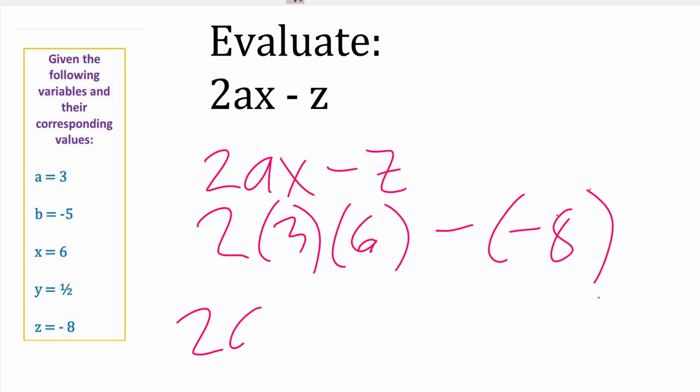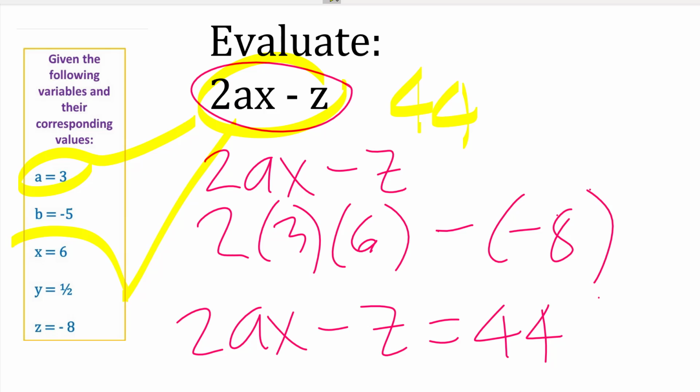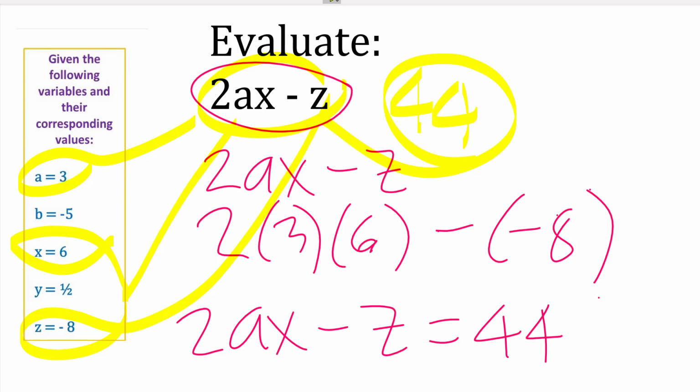So therefore 2ax minus z equals 44 if and only if a equals 3 and x equals 6 and z equals negative 8, and the expression will result in the number 44. So don't forget that: if and only if.